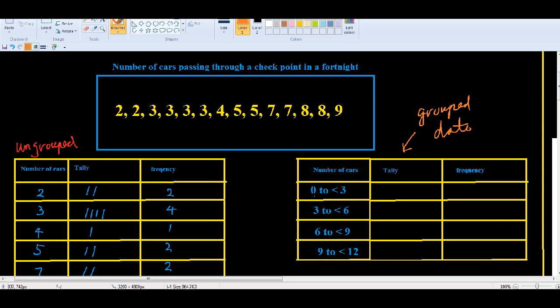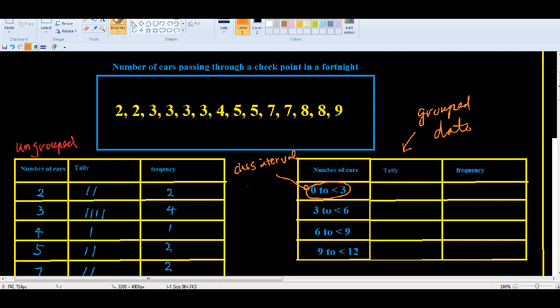How could we group that kind of data? You could group data from 0 to less than 3. From 0 to less than 3 means 3 is not included. I repeat that, it's very important. This is what we call a class interval.